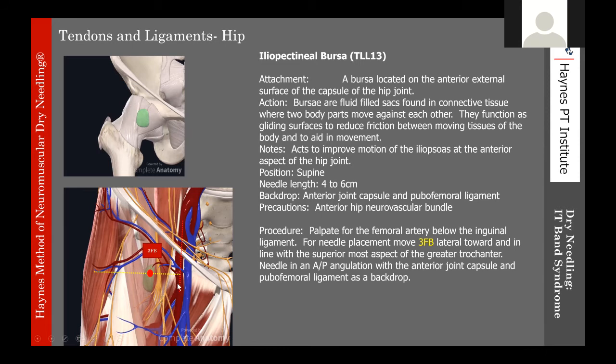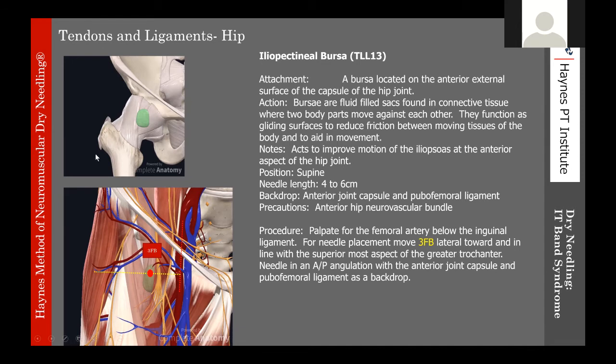And so this is done a little bit more in the supine position, moving a little bit away from the femoral artery. We can drop deep onto that tissue and get a good response there. That would almost easily be identifiable as more of an anterior problem.